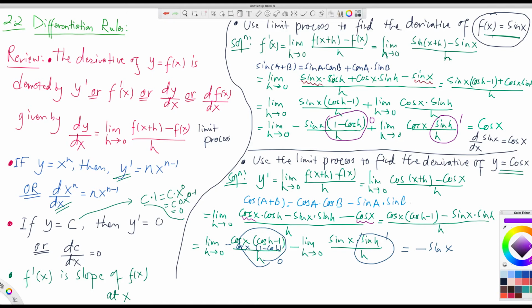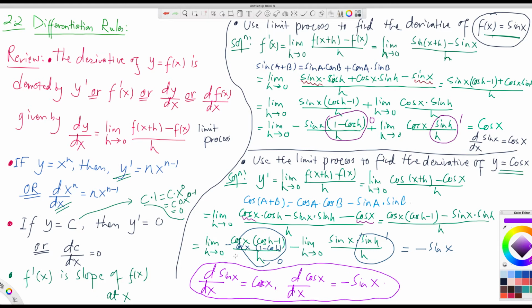So what we learned here is that d over dx of sine x is cosine of x. This is one formula. And another formula is d over dx, the derivative of cosine of x, is negative sine x. These are the two formulas we just found by the limit process.